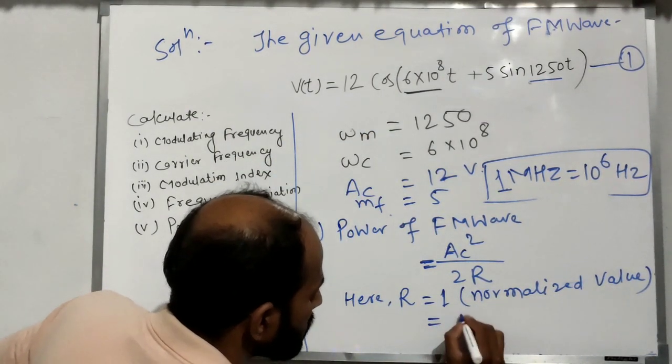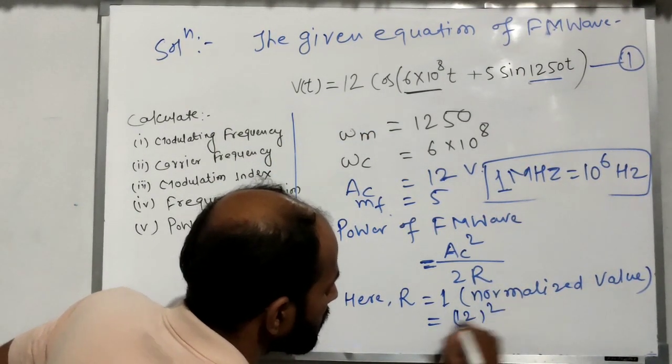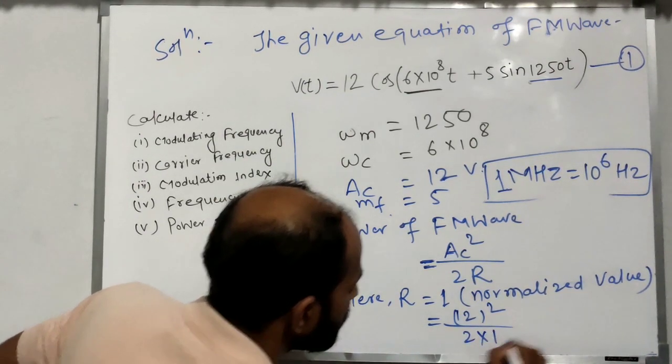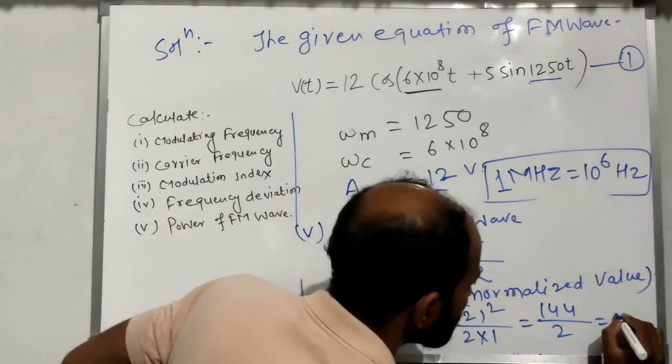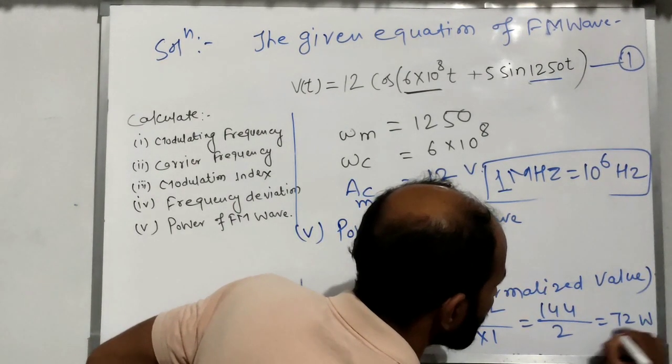Put Ac square is equal to 12 square upon 2 into 1, means 144 upon 2, means 72 watt.